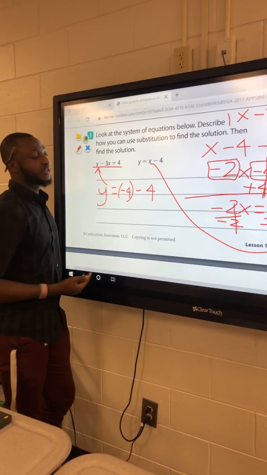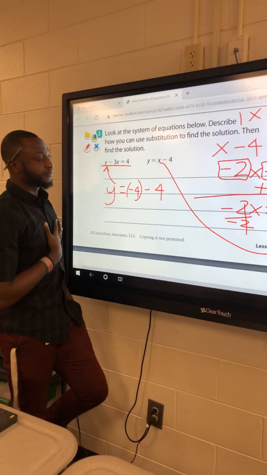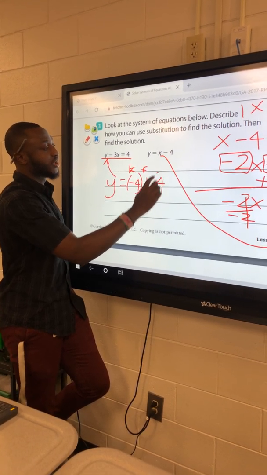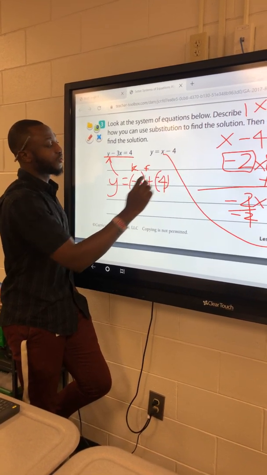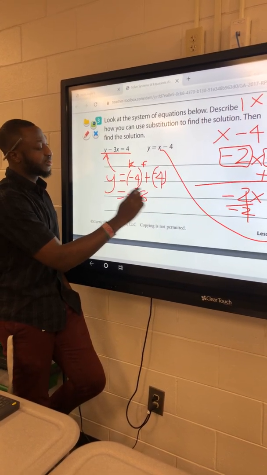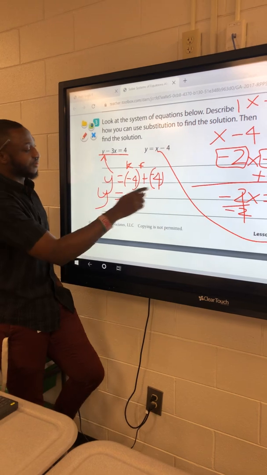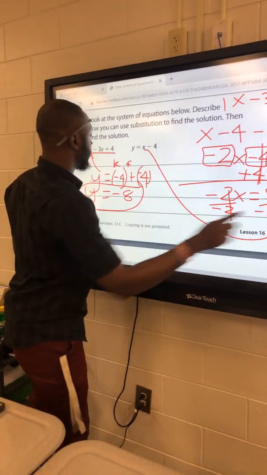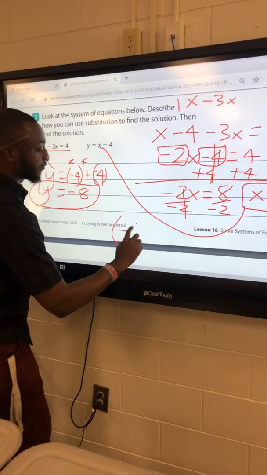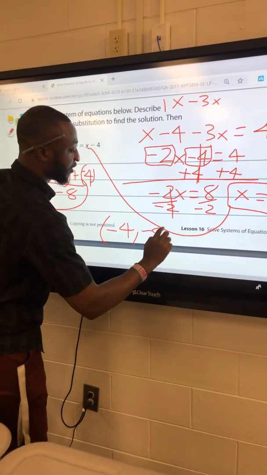When you're subtracting negative numbers like this, I like to use keep, flip, change. So I'm going to keep, flip, change. So that becomes a negative 4 also. So it's negative 4 plus negative 4, which is negative 8. So my y is negative 8. So x is negative 4, y is negative 8. So my solution is negative 4, negative 8.